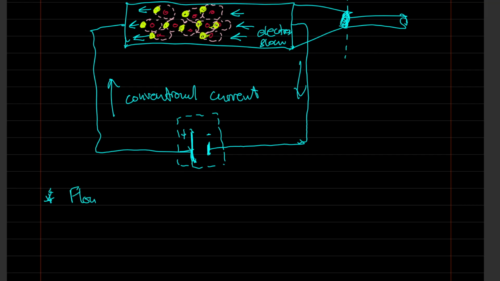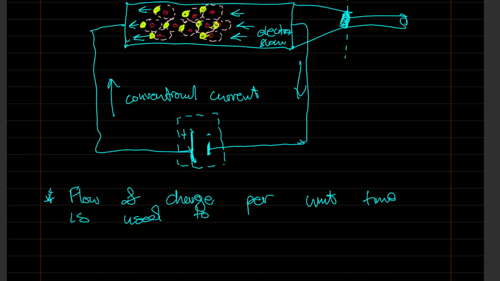Flow of charge per unit time is used to quantify an electric current.